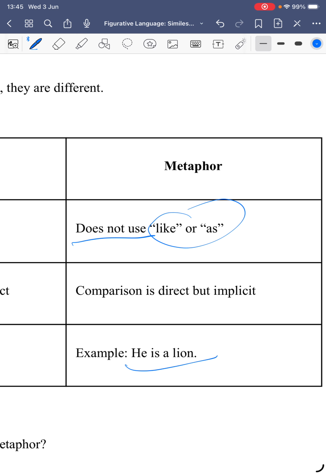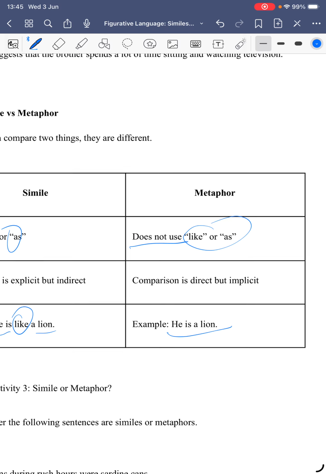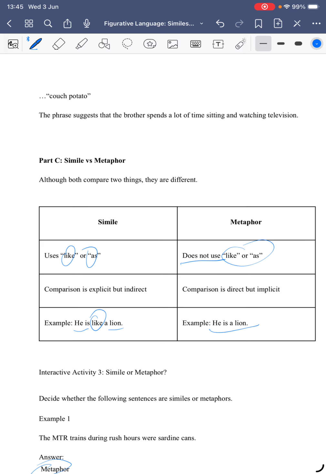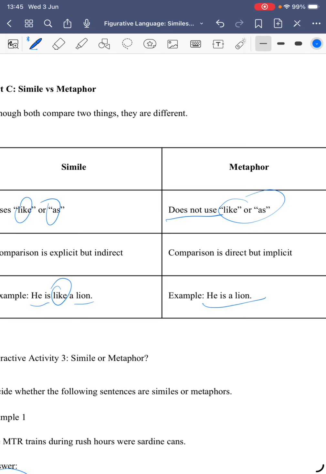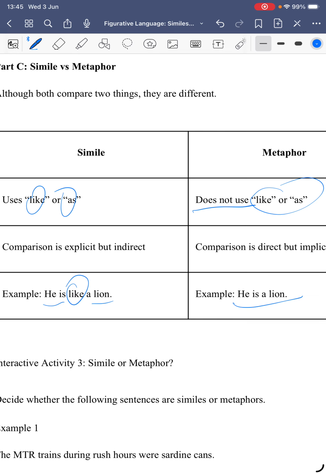It is very direct, but you have to think about what it means to be a lion. I didn't write the answer here. These two sentences both are trying to say that maybe the person doesn't seem to be so nice, because you never see a nice looking lion, right?